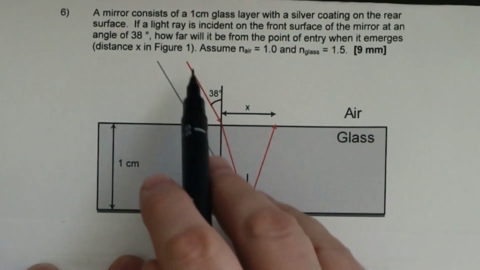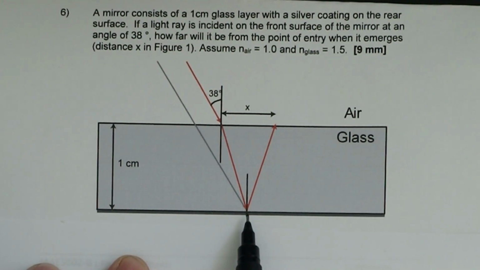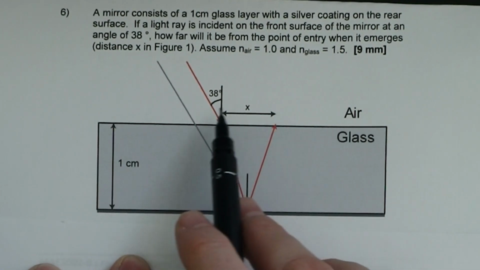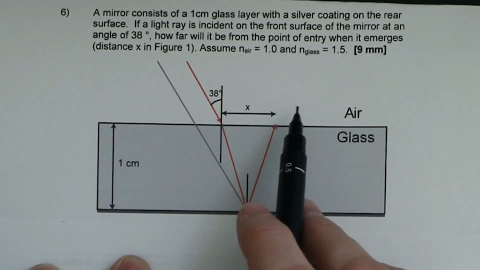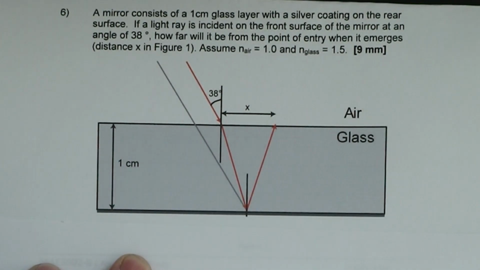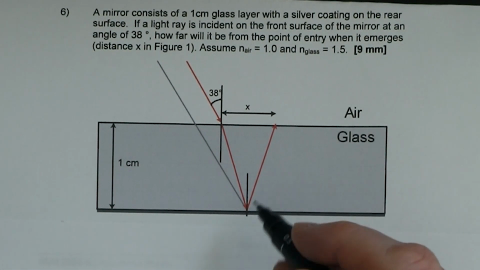So what we're being asked to calculate for this question is, we have a light ray that comes into the surface of the mirror here, it's refracted, it reflects off this bottom surface and reaches a point here on the air-glass interface, and we're being asked to calculate what this distance is, x, between the point at which it enters the mirror and the point at which it comes out again. So we have to think about how we're going to do that and what we can calculate.